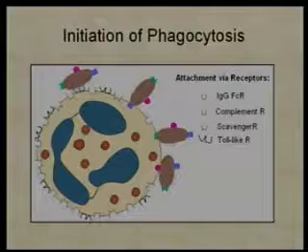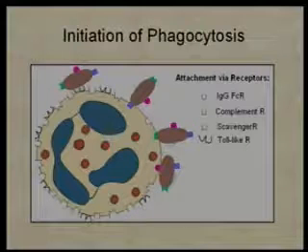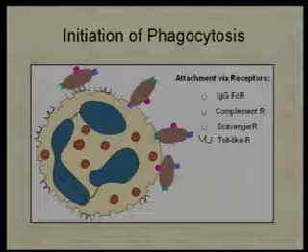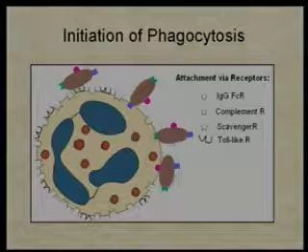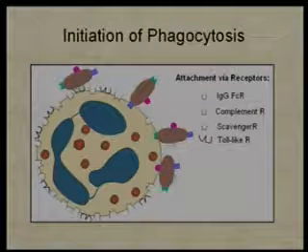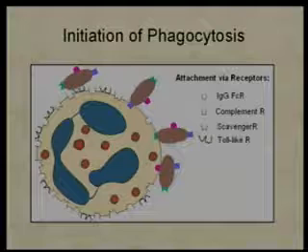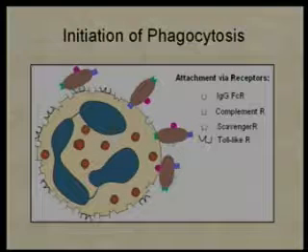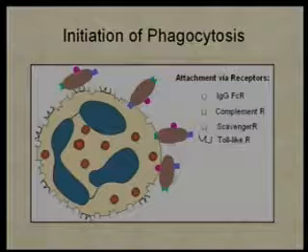Phagocytosis occurs by the attachment of the infecting organism or the bacterium to the surface of the phagocytic cell. There are a number of different ways that attachment can occur. Phagocytic cells have on their surface receptors for immunoglobulin. They're called Fc receptors.